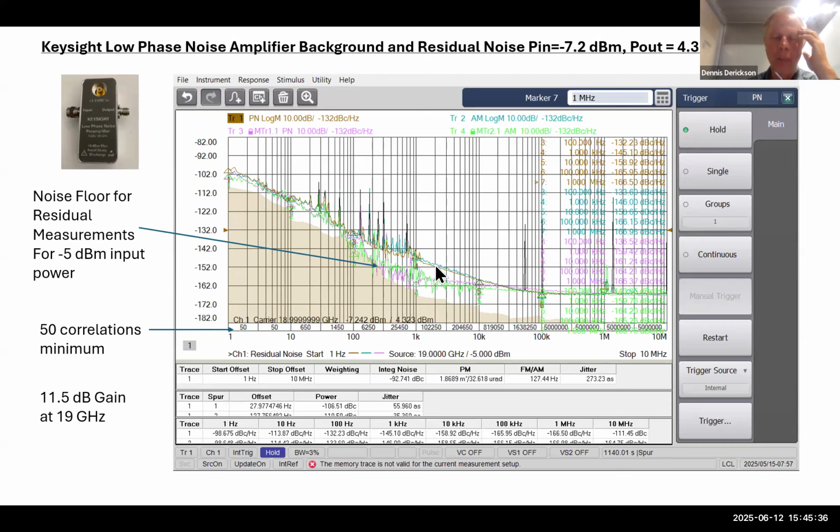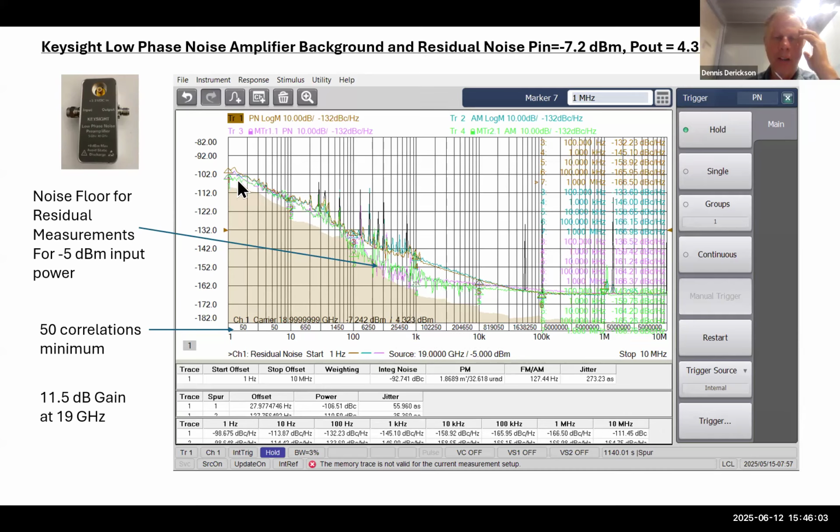Then I have the AM and PM noise contributions with the 12 dB gain amplifier in place. I'm doing this at a frequency of 19 gigahertz with minus 7.2 dBm input power and 4.3 dBm output power. These are the number of correlations I'm doing. I have a big listing of all the values at different frequencies.